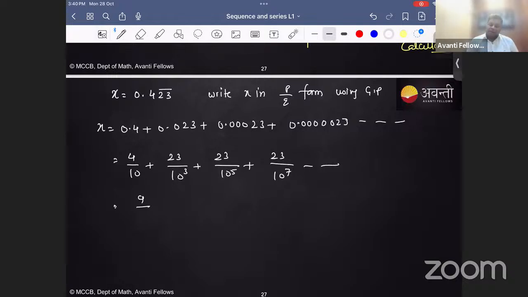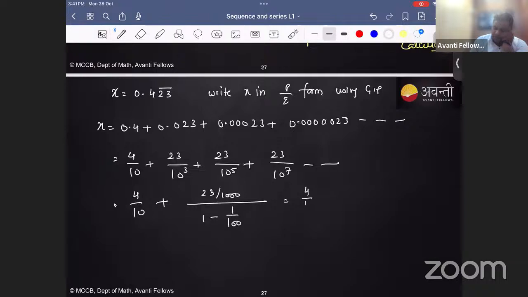See, keep 4 by 10 separate and apply the sum of infinite terms here. So A upon 1 minus R, where R is 1 by 100. Got it? So it is 4 by 10 plus 23 upon 990.